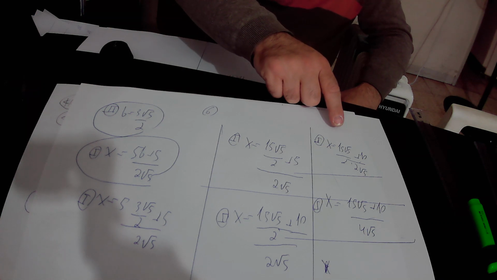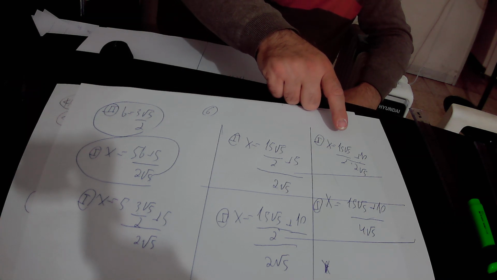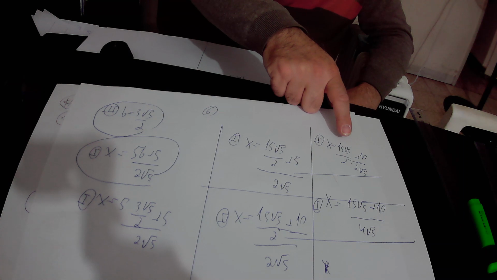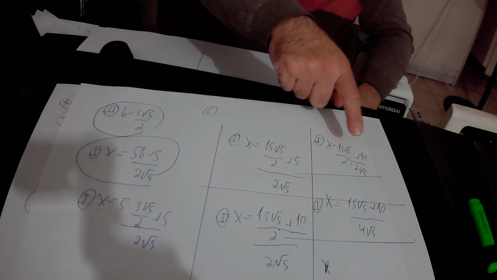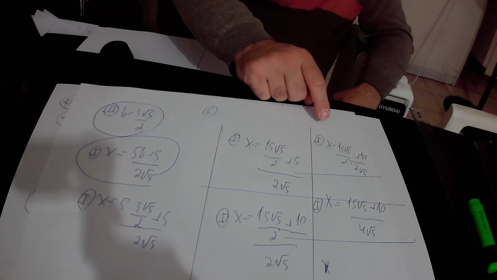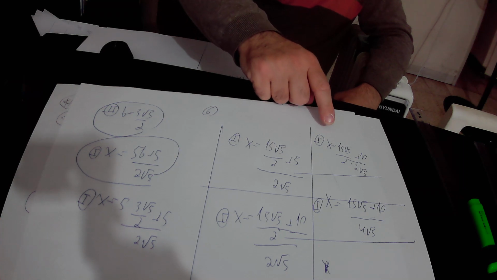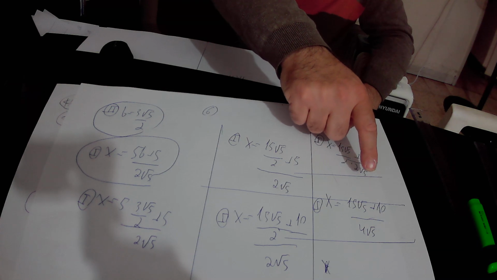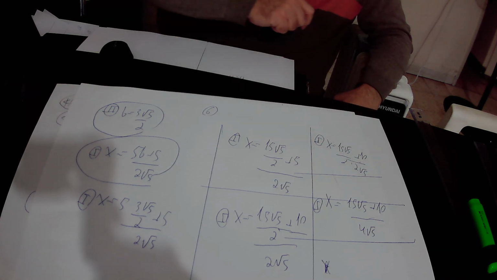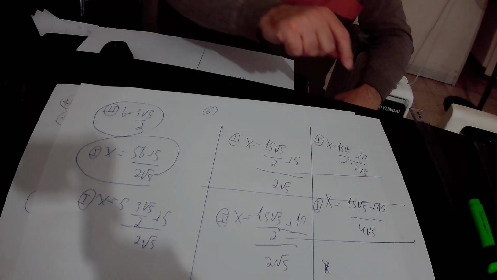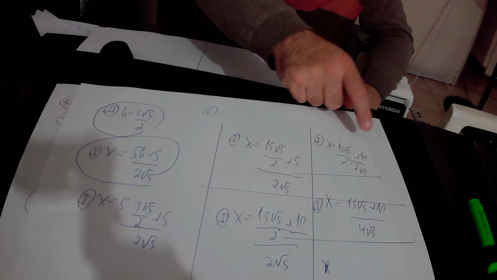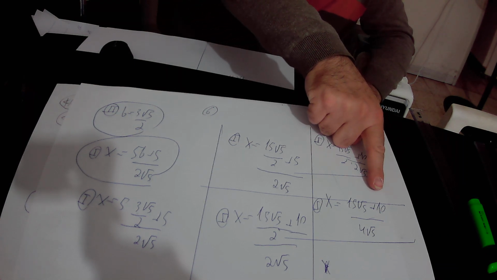So in total in the denominator we have 2 times 2, that is 4, so we have 4 times square root of 5, and therefore x equals 15 times square root of 5 plus 10 over 4 times square root of 5. Then we substitute 10 here by square root of 5 times square root of 5 times 2.